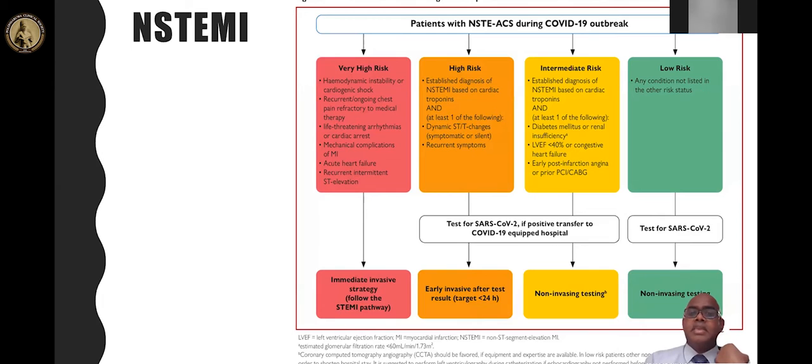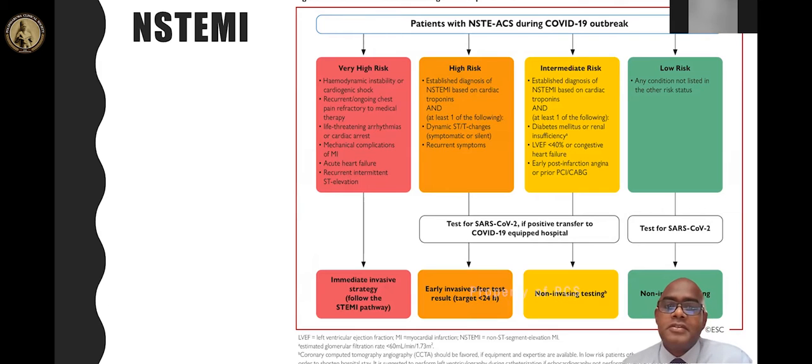These patients should immediately go to the invasive strategy, following the STEMI pathway, like primary PCI or urgent cardiac catheterization. High-risk groups, intermediate groups, and the low-risk groups should be managed accordingly.